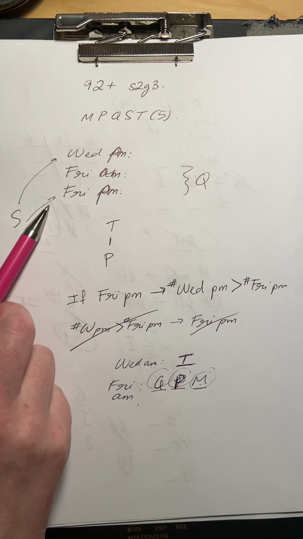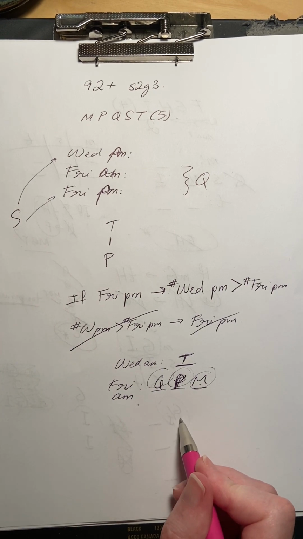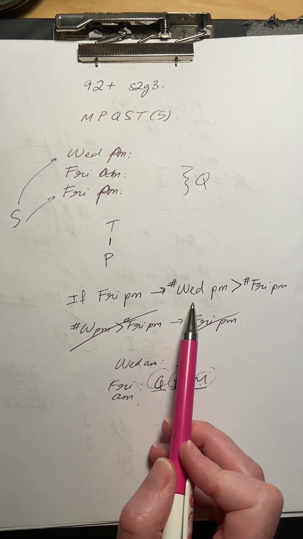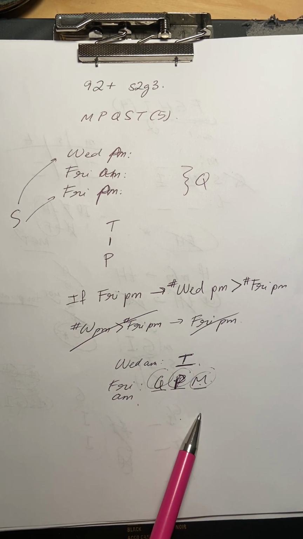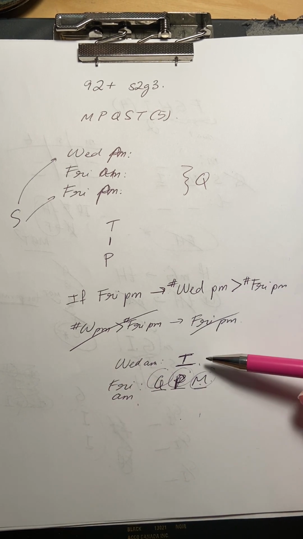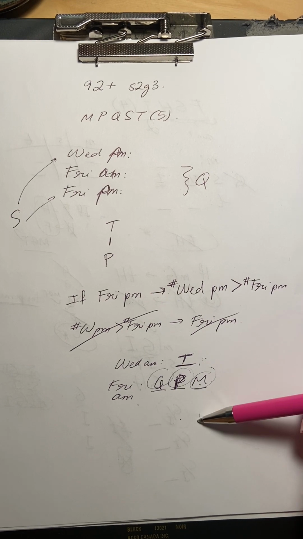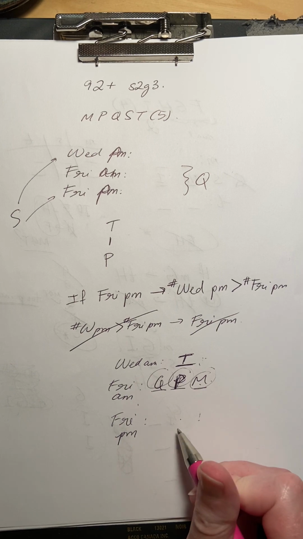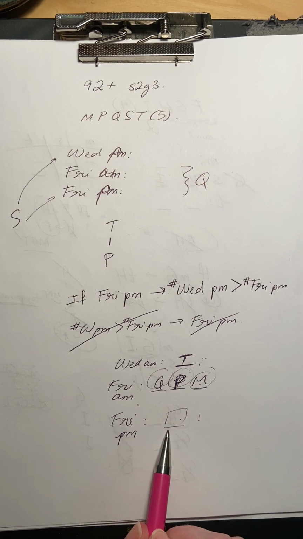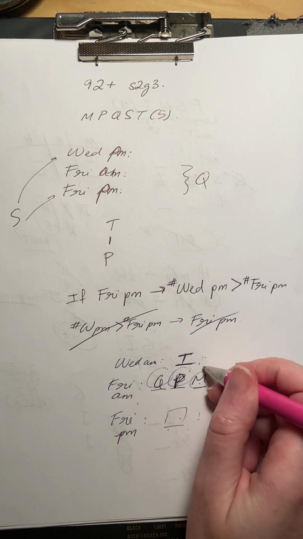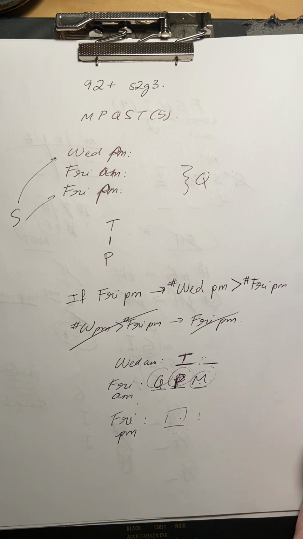Without this, maybe we think, oh, well, we could put S in Friday afternoon, but that's going to trigger the rule. And if that rule is triggered, Wednesday is supposed to have more than Friday, right? So in this situation, it's not possible for Wednesday to have more than Friday afternoon because there's only 1 player left to place. So rather than having the option of putting that player in Friday afternoon, we would know for sure that we're going to have 2 in Wednesday afternoon.